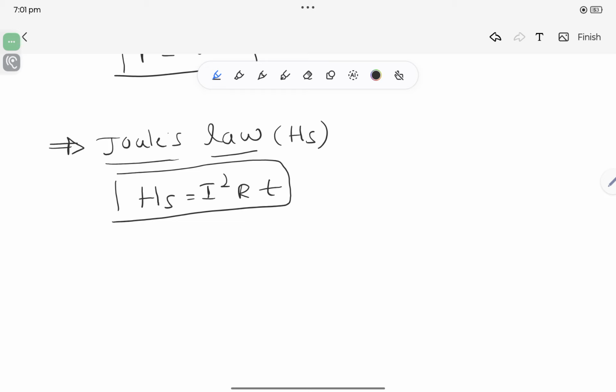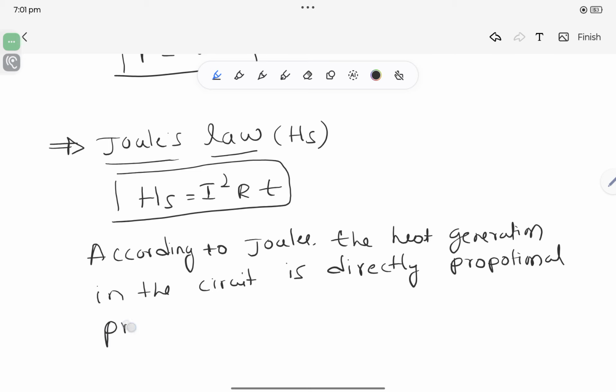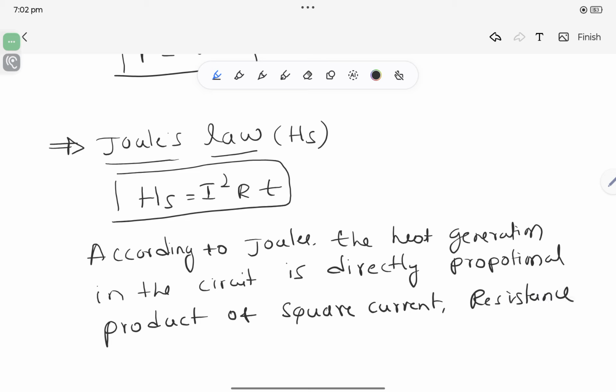So the statement according to Joule's law: the heat generation in the circuit is directly proportional to the product of the square of current, resistance and time.